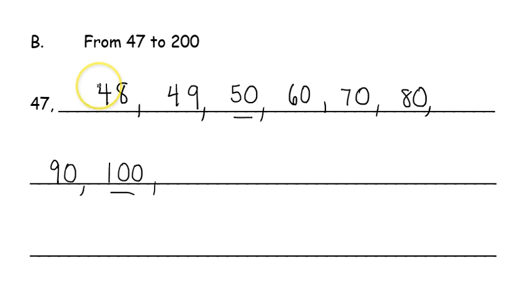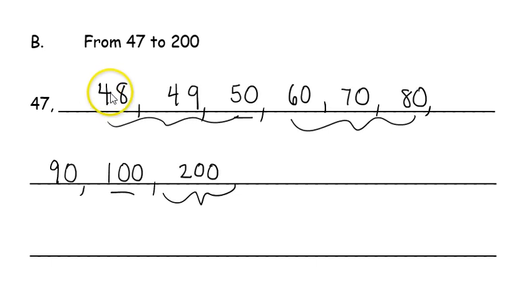And from 100, I'm going to count by 100s. That takes me right to 200. So we've skip counted from 47 to 200, counting first by ones, and then by tens, and finally by 100s.